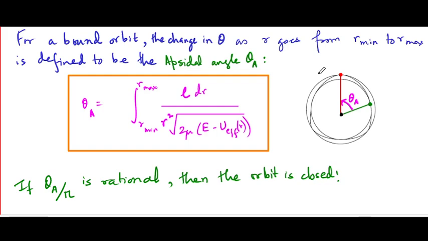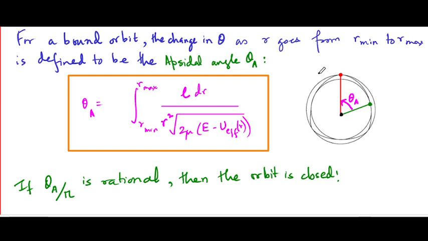This would mean that the orbit is a closed one. If theta a by pi is irrational, then no matter how long you waited, you will never have the radial oscillation and the angular libration going round and round coincide, and therefore you will never have a closed orbit.